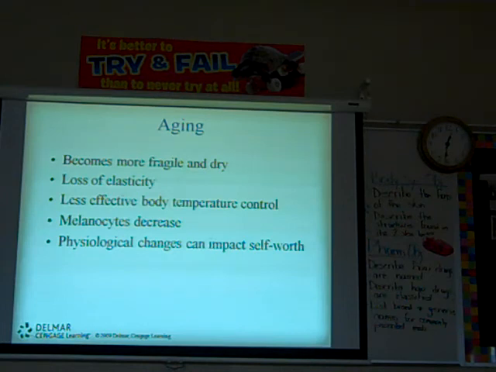I know, I thought I heard melano. Sites, yes, you're correct. What is the root word? Melon. What's the combining vowel? O. What's the combining form? Melano. Very good. There are also physiological changes, and that can impact self-worth.